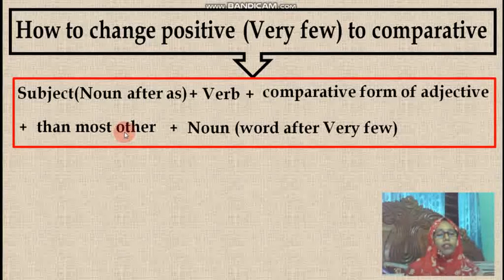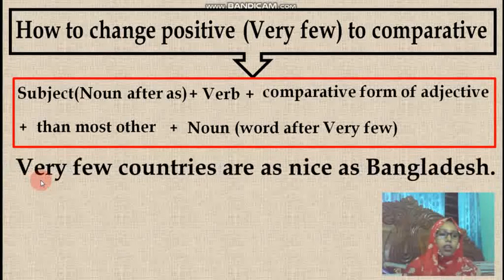If a sentence has "very few", then in its place we use "than most other", and the noun after "very few" comes at the end. The last noun in the sentence after "as" must be used as the subject.